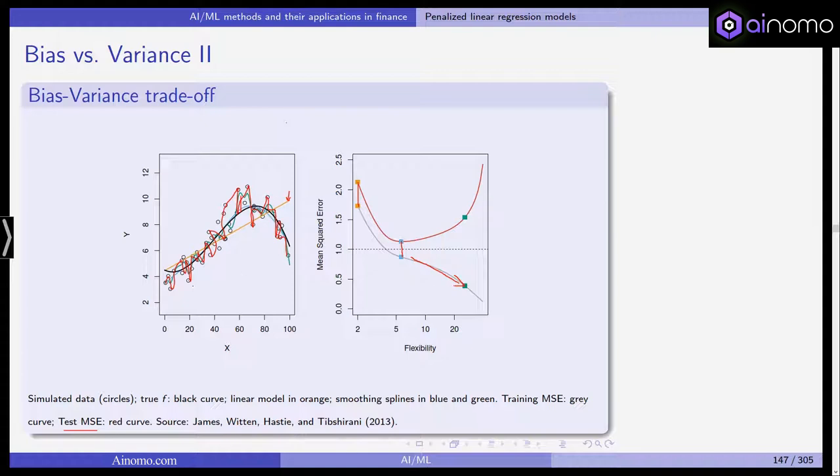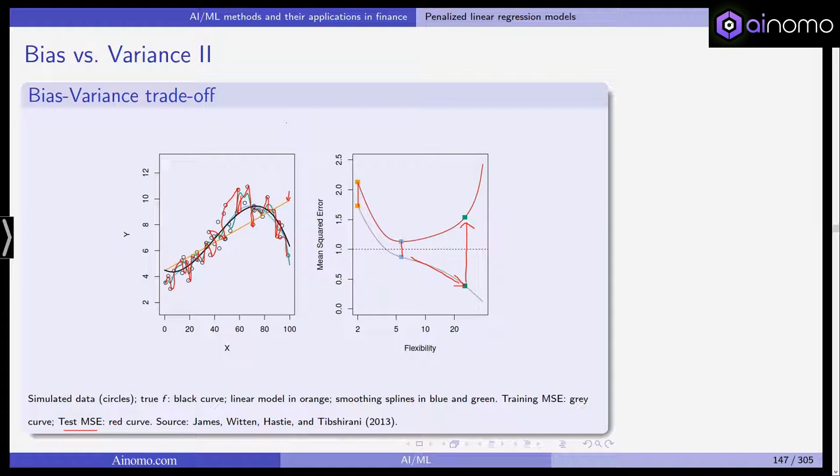But as we are fitting the model to noise, if we now use a different data set, that is the test MSE, it will increase. We are using a different data set, and suddenly the test mean squared error goes up.